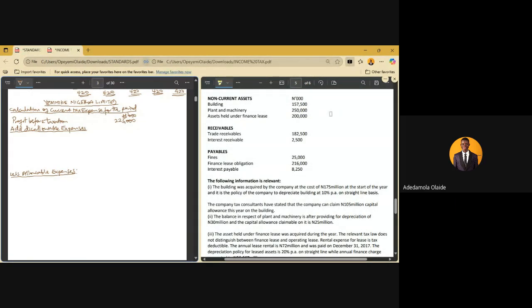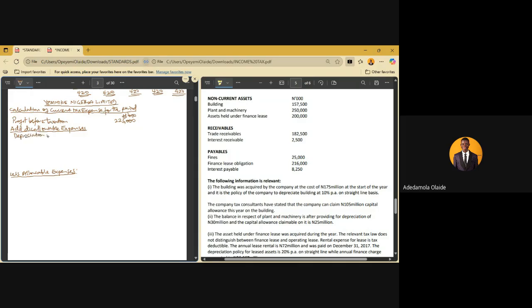They said what? The building was acquired by the company at the cost of 175 million at the start of the year, and it is the policy of the company to depreciate building at 10% per annum. That means they would have charged depreciation during the year. So we'll say depreciation is a disallowable expense.